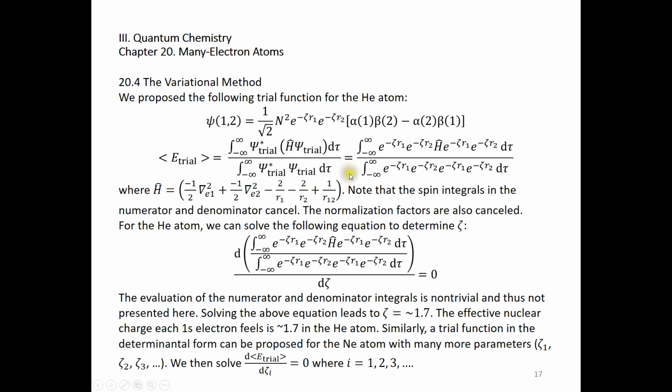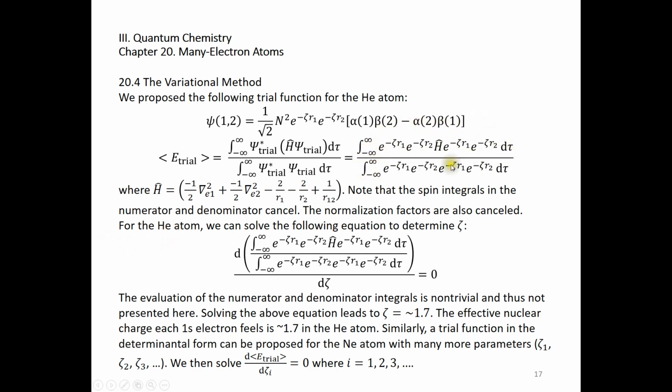They cancel. Therefore, the spin integrals on top and on the bottom are exactly the same, and they cancel. The normalization factors also cancel. So for the helium atom, we have the trial energy like this.